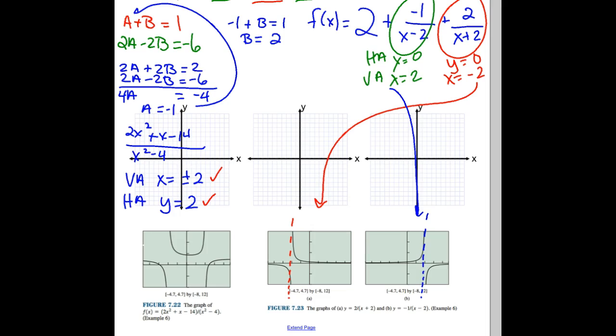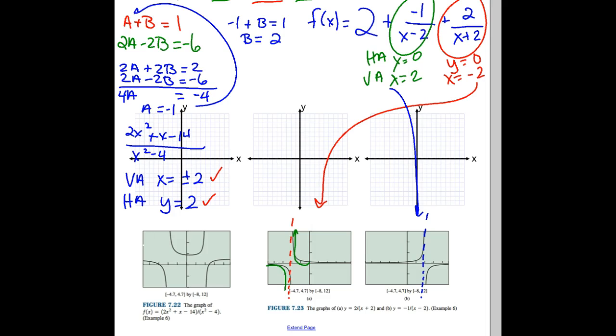Okay? I want you to look just at the end behavior. That means as we approach the asymptotes, where is your graph headed? So, on the second graph here, as I approach the x equals negative 2 line, on the right-hand side, I'm heading towards positive infinity.